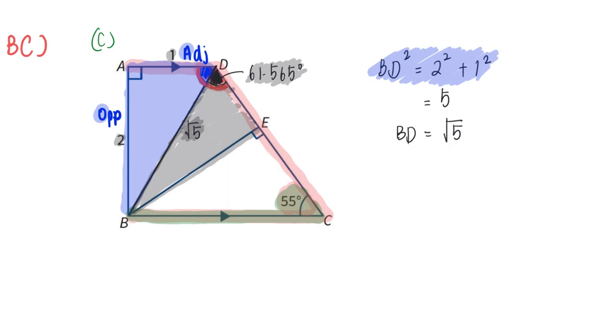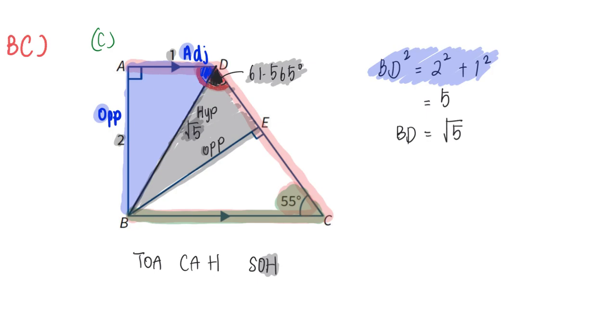With respect to 61.565 degrees, this is my opposite side, and BD, square root 5, is my hypotenuse. Where I have my opposite and my hypotenuse, which ratio will help us solve for BE?